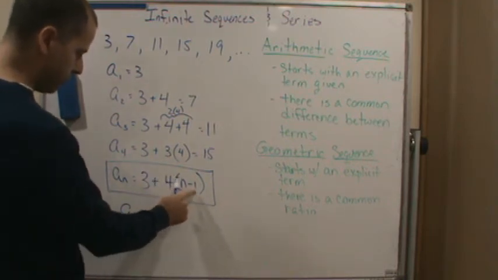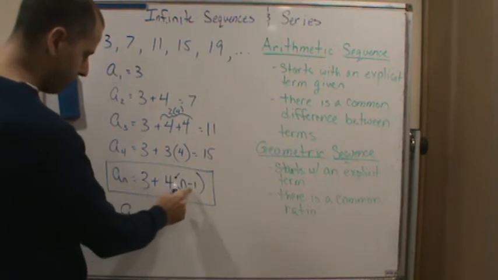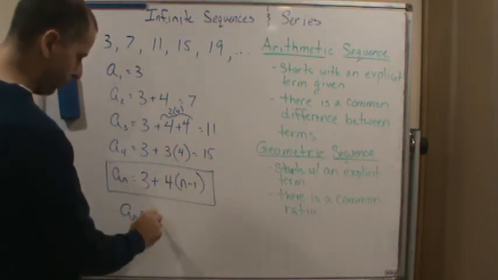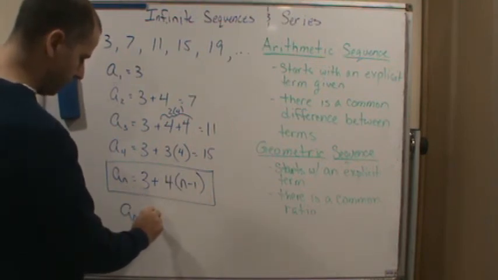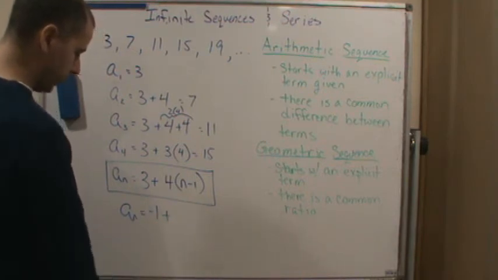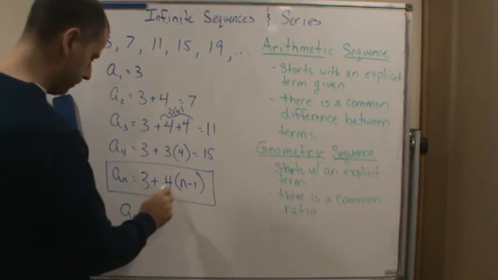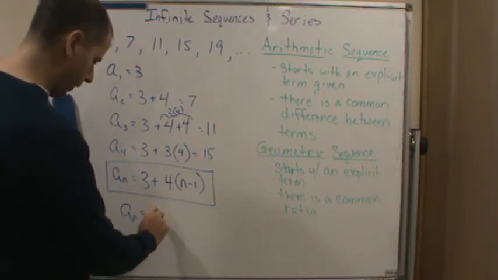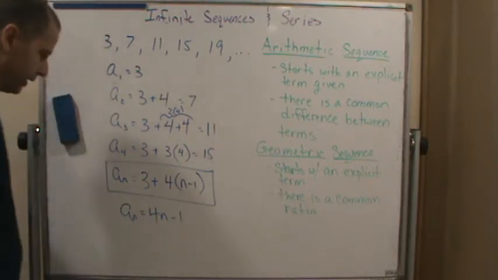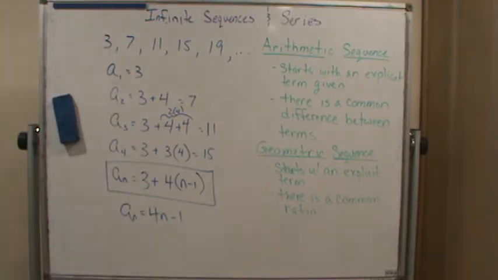Well, if we distribute the 4, we get minus 4, so what we would get is 4n minus 1. Right, so there we have an explicit formula.